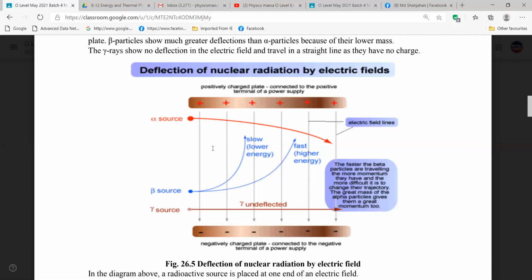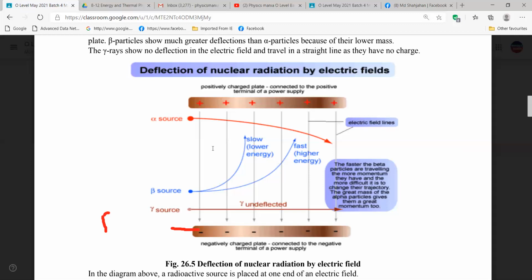Sir, my point was that it is also getting attracted by the negative, which we can take as F1, and deflected by positive means repelled. Let me explain. Repelled by positive.